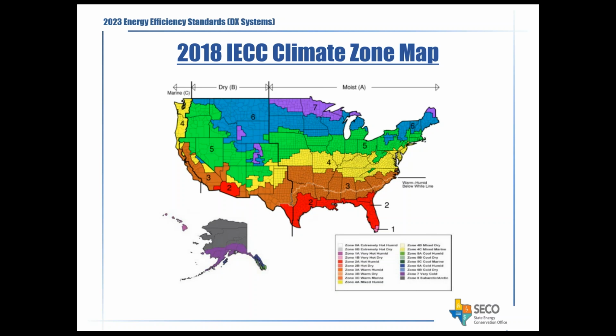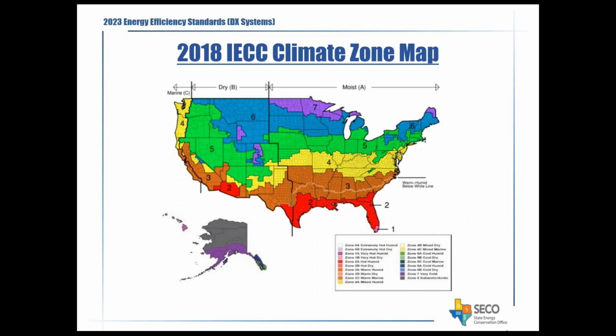So the way you work on your minimum standards is you first go to this map, figure out which county zone you are in, and then when you are looking at the efficiency requirements, standards, and code requirements, you have to keep in mind what zone you actually belong in.